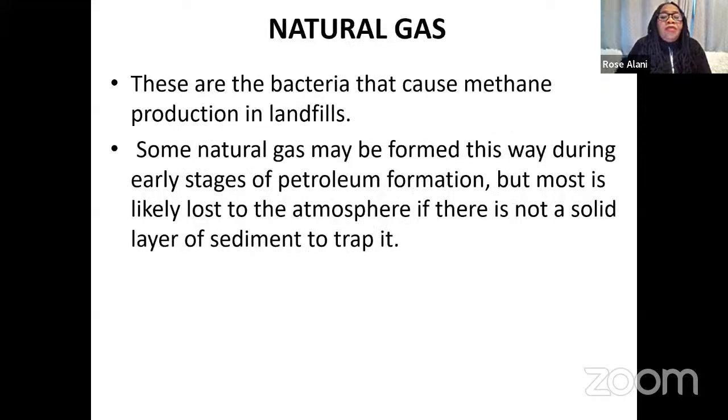These methanogens are the bacteria that cause methane production in landfills. Some natural gas may be formed this way during early stages of petroleum formation, but most is likely lost to the atmosphere if there's not enough solid layer of sediment to trap it.